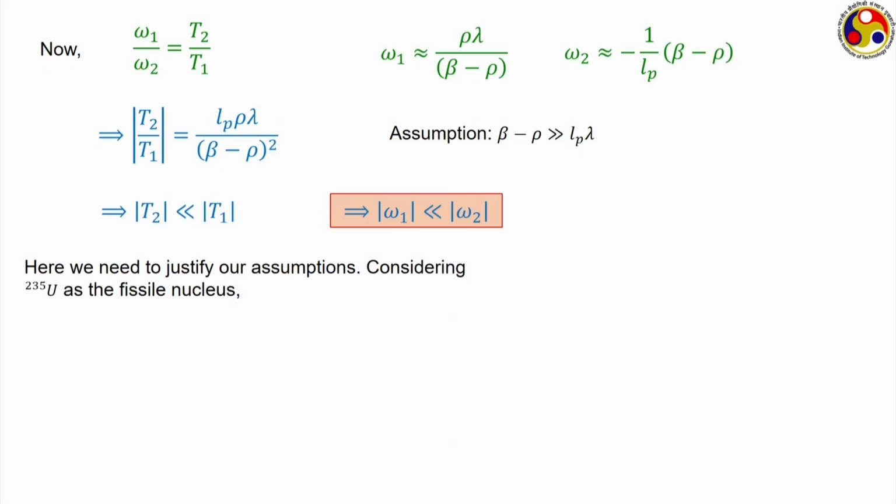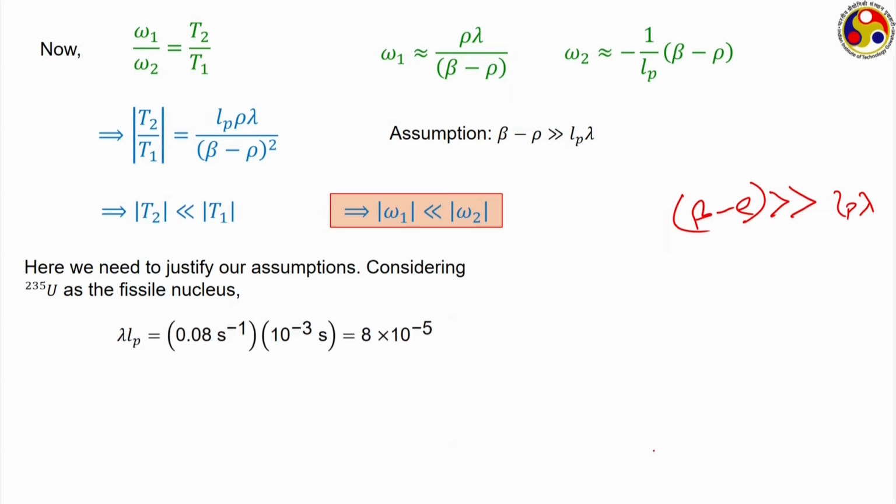Now, we need to justify those two assumptions that we have considered, particularly the first assumption, that beta minus rho is significantly greater than LP into lambda. If we consider uranium-235 as the nucleus, then LP is of the order of 10 to the minus 3 seconds, and lambda corresponding to uranium-235, that is the average value of the decay constant for all possible delayed neutron precursors that may appear with uranium-235, is just 0.08 second inverse.